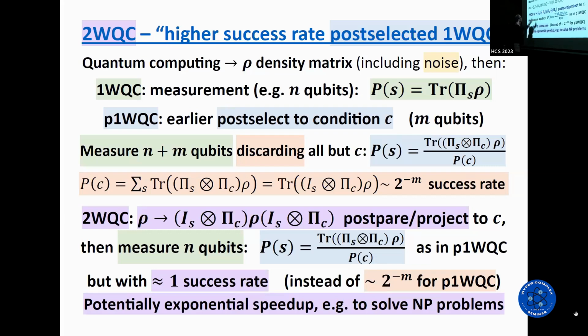Generally, this probability should drop exponentially with the number of qubits. So it's very bad. We cannot use it practically for a large number of qubits.